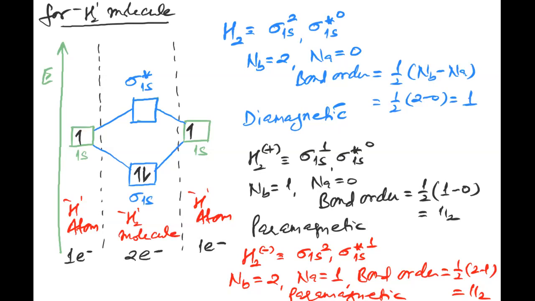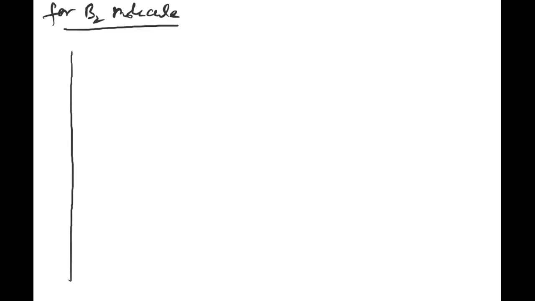Okay, so to move further, for the B2 molecule, boron, if you see this energy diagram here, on this axis we have energy. These are some atomic orbitals here.